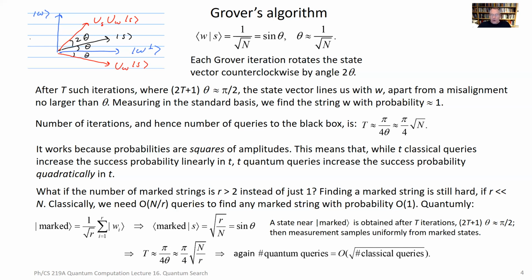Let's suppose there's more than one, some number r. I must have meant greater than or equal to 2, so suppose there are 2 or more solutions. Of course, if it's a small number of solutions compared to capital N, it's still a needle in a haystack. There are a few needles in the haystack, but it's going to be hard to find.